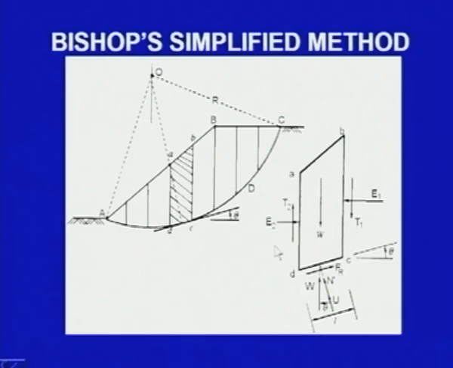E2 is acting in this direction, and E1 will be acting in the other direction. And here at the base Fr is the resistance, the force offered by the soil, U is the water pressure, and N dash is the normal reaction at the base.